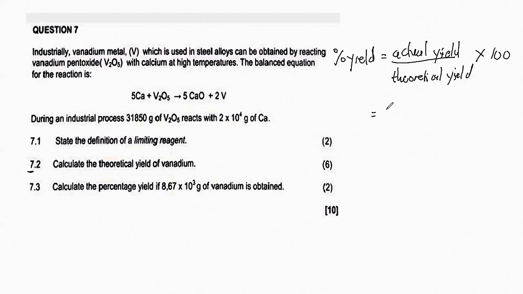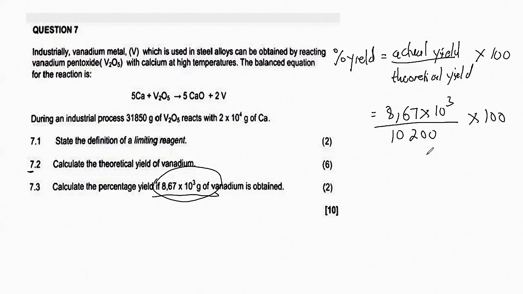Okay, so if they say 8.67 times 10 to the exponent of 3 grams of vanadium is obtained, this is the actual yield. This is what has actually been obtained. The one that we projected to get was 10,200, so that's the theoretical yield.